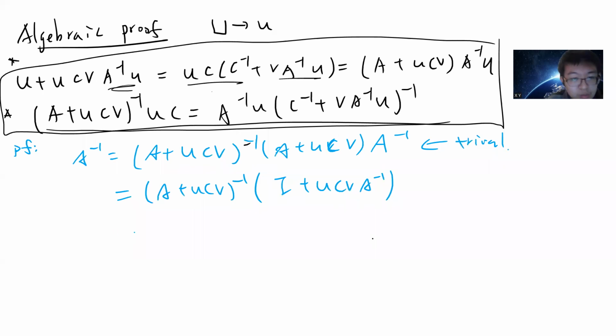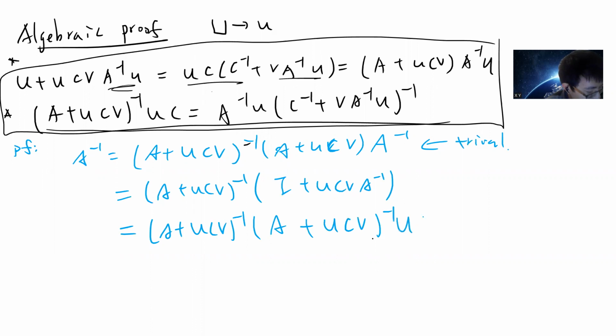Now we do something weird: A plus UCV inverse, and A plus UCV inverse UCV A inverse. So we exchange these two. This one looks a little bit non-trivial.